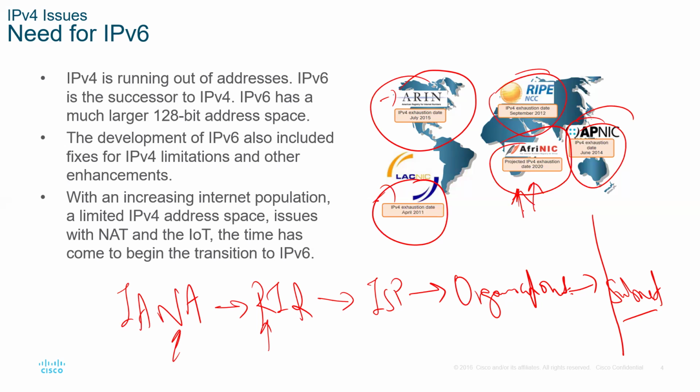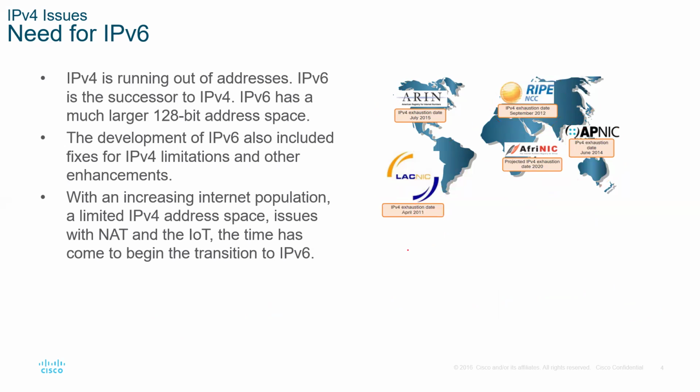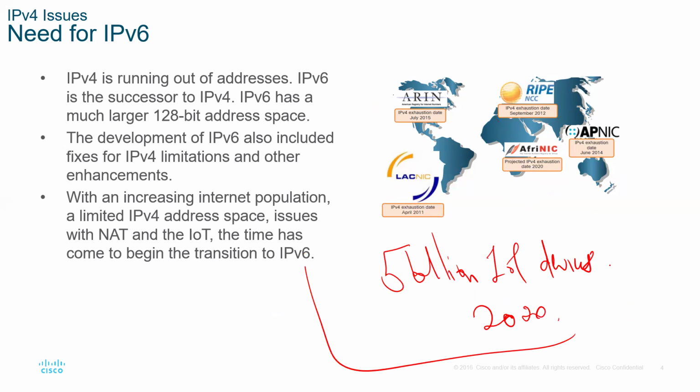Then what other reasons need for IPv6? We talked of IoT. With the introduction of IoT, I think I once read IoT was projected to have around 5 billion IoT devices. I think it was by 2020, 5 billion.